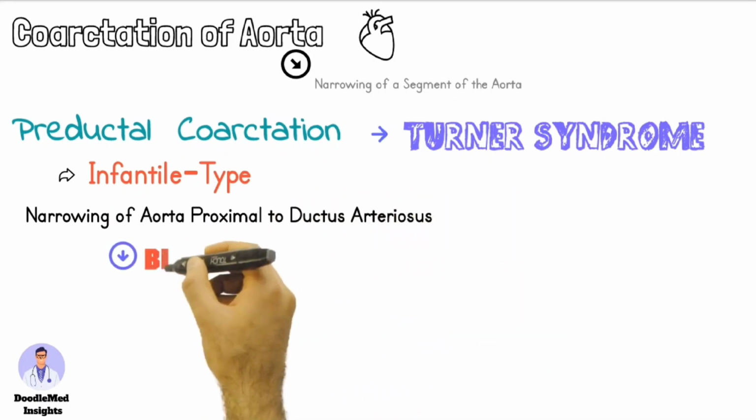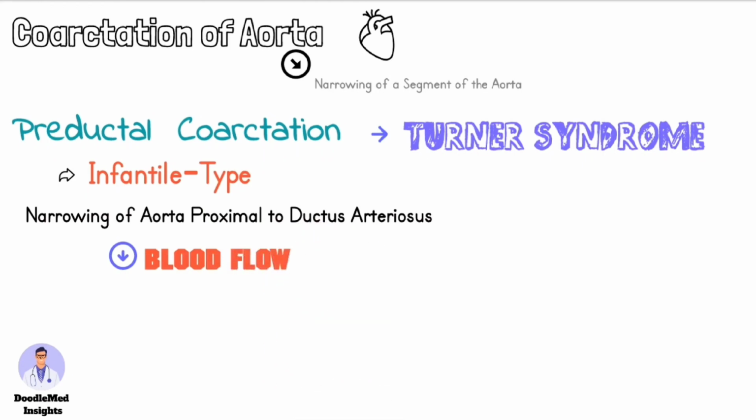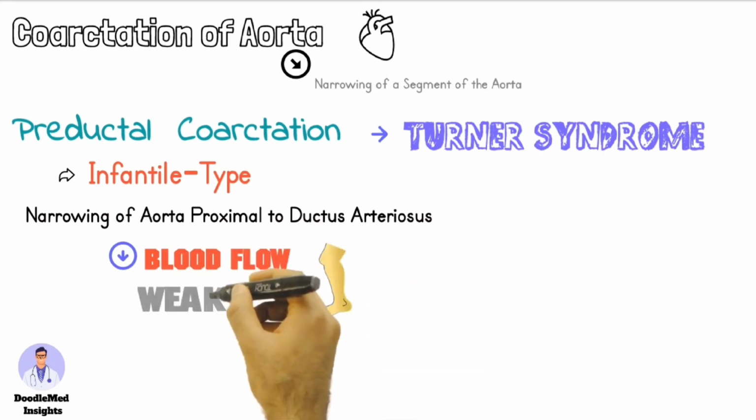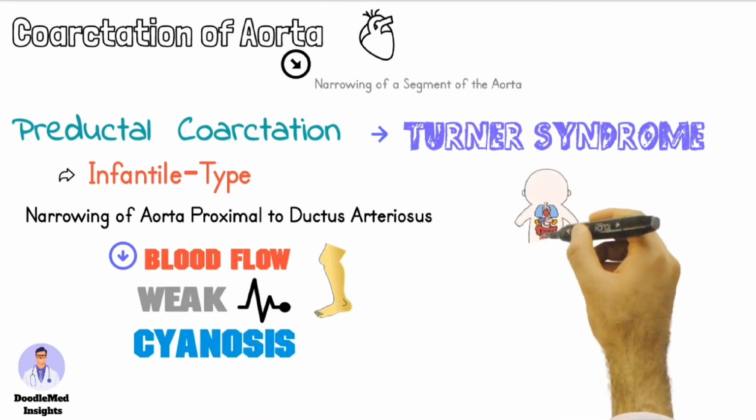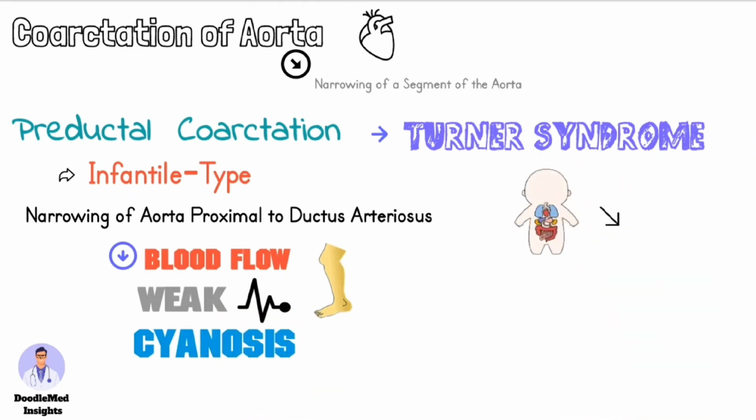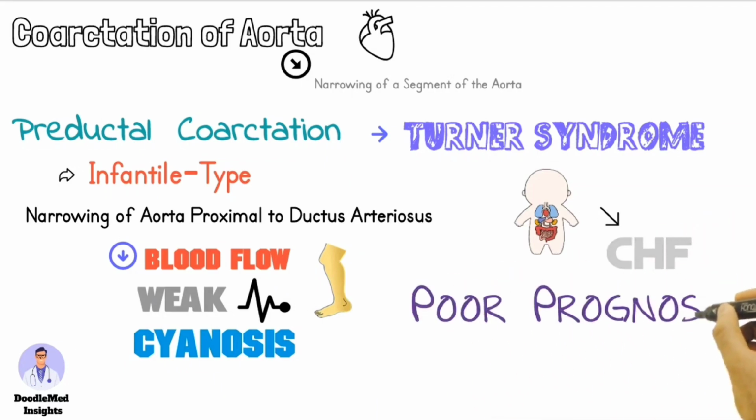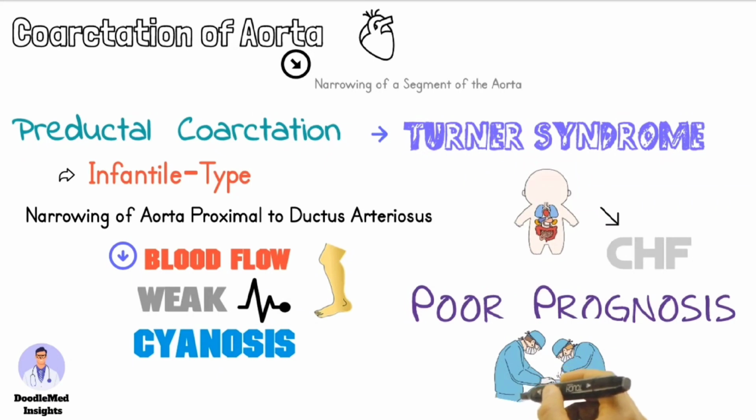This narrowing causes a decrease in blood flow to the lower extremities, leading to weak pulses and cyanosis. Infants with preductal coarctation typically present with congestive heart failure and have a poor prognosis without surgical correction.